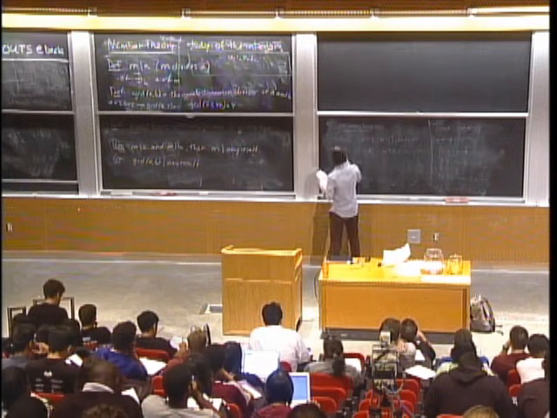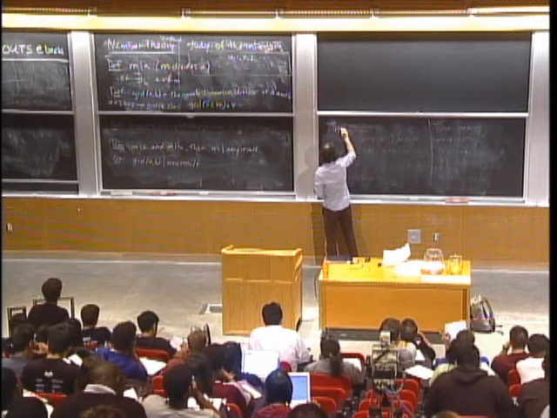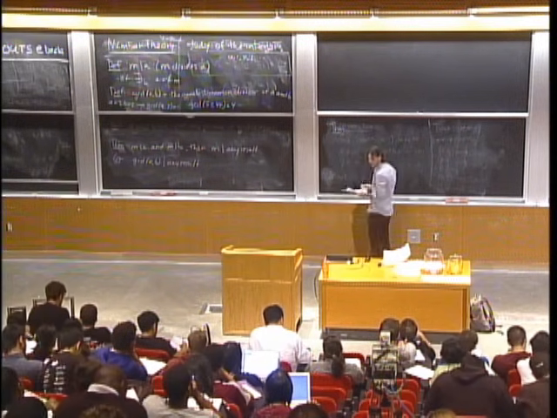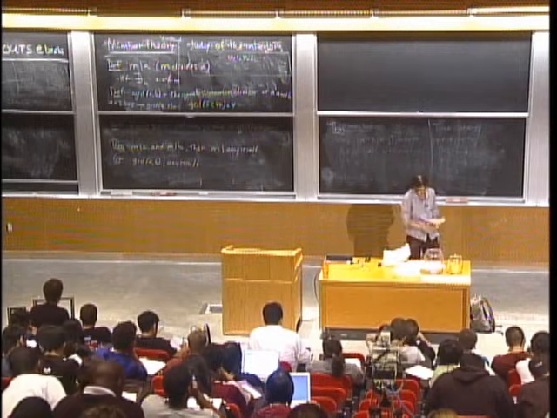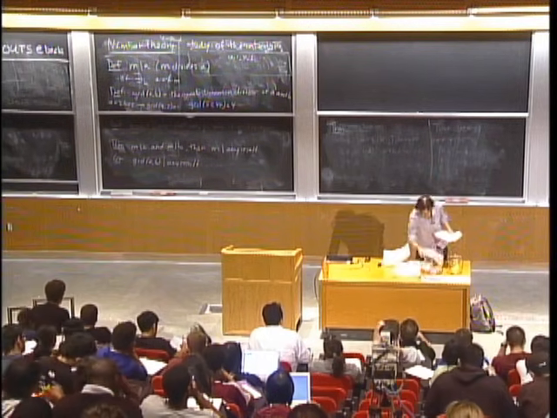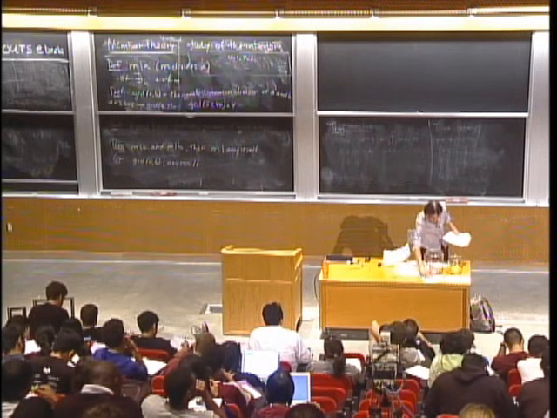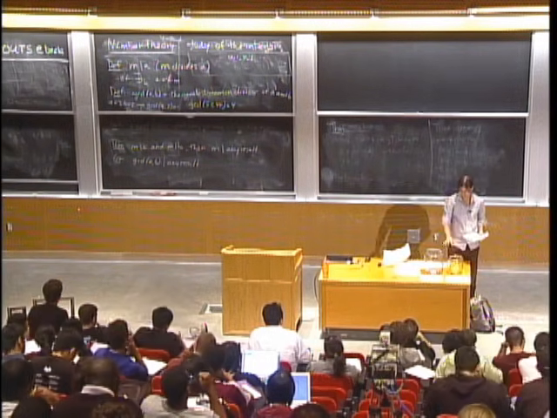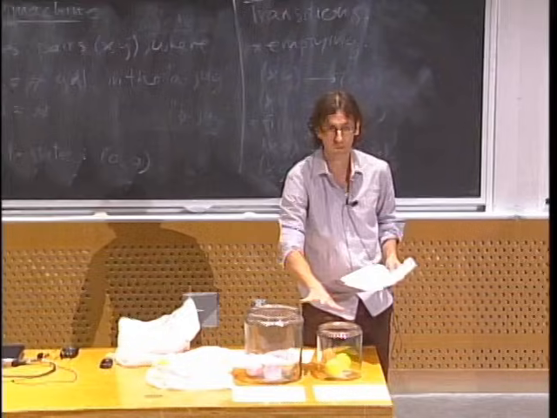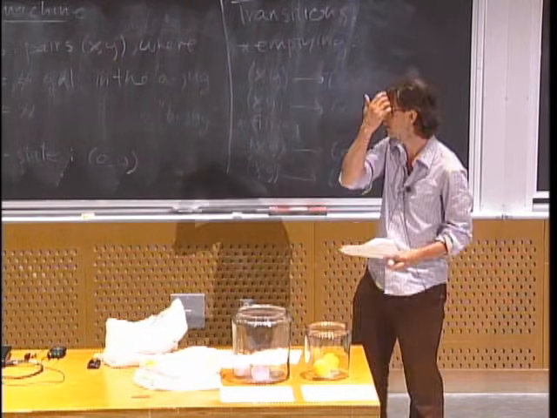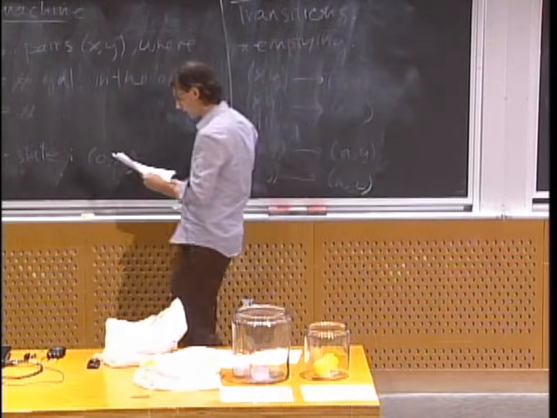The theorem that we would like to prove is that any linear combination of 3 and 5 I can make with the 3 and 5 gallon jug. So let's write it out.